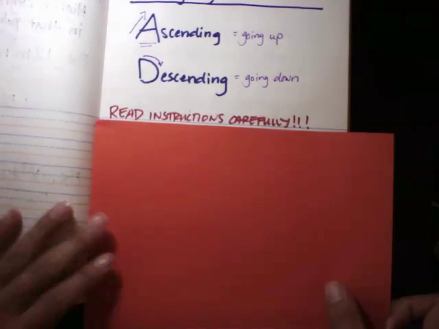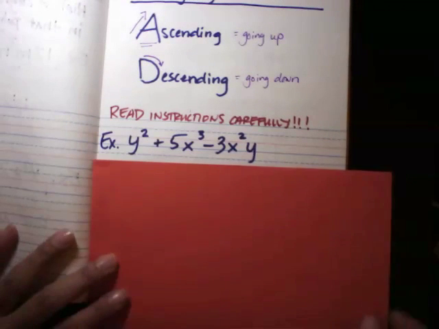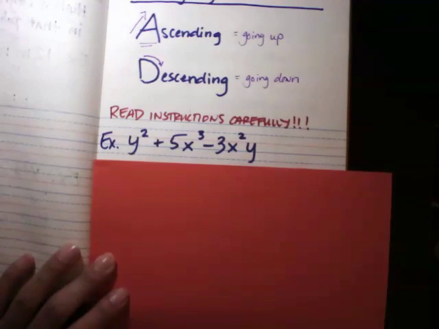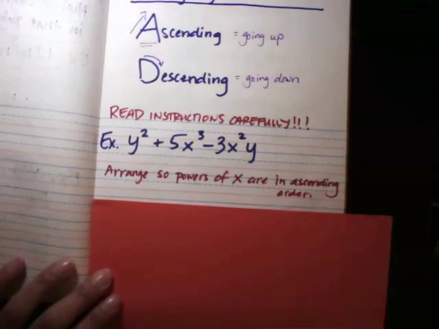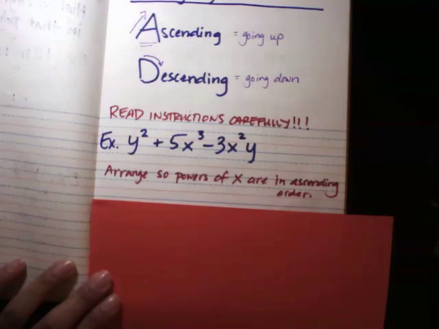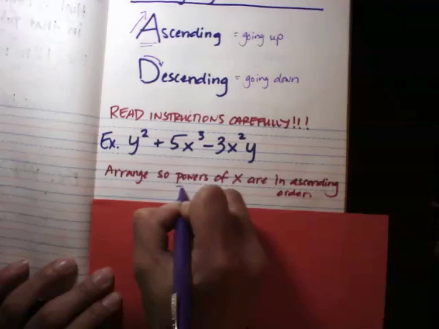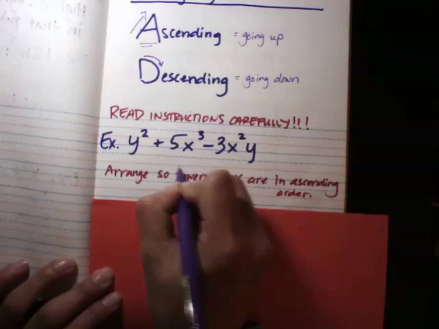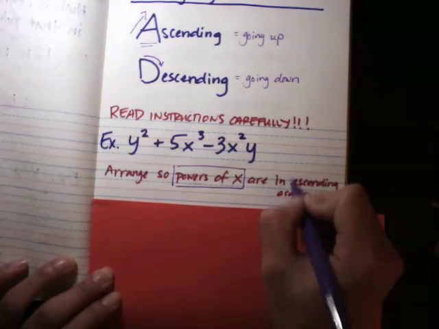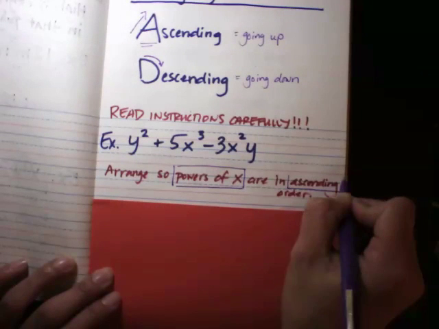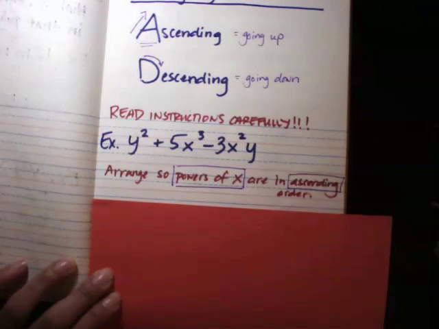For example, you're given this polynomial, y squared plus 5x to the third minus 3x squared times y. The instructions first may ask you to arrange the powers of x. Okay, I'm going to box it. Powers of x, and we want in ascending order first.